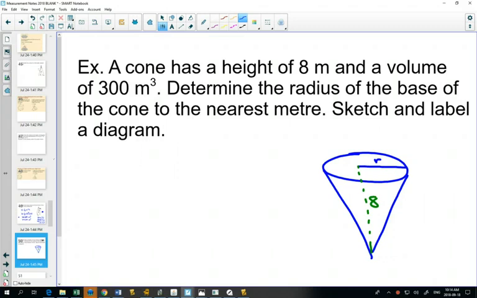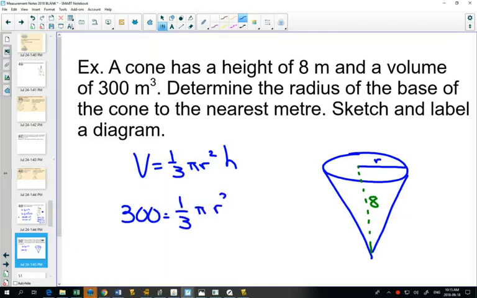So my volume formula for a cone is 1/3 pi r squared times height. And I know the volume is 300. I don't know my radius, but I know that my height is 8. So I need to solve for that radius to the nearest meter.